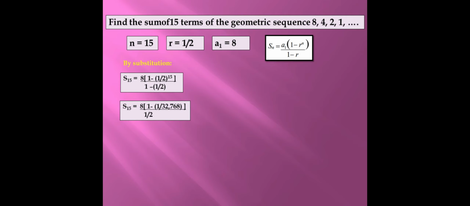Ayan na siya. So S sub 15 equals now to 8, quantity 1 minus 1 to the 15 is 1, and 2 to the 15 is 32,768. So quantity over 1 minus 1 half, which is 1 half. Okay.